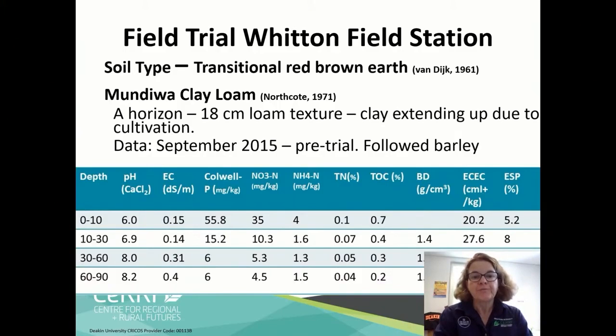This data is from September 2015, before the trial started, and it followed barley, and you can see that there's not very much N in the profile. It's been drawn down by the cereal. There's high amounts of Colwell P in the upper part of the profile. Increases typically to high pH with depth, and acidity isn't a problem in the surface, but it's starting to come in at depth as well.